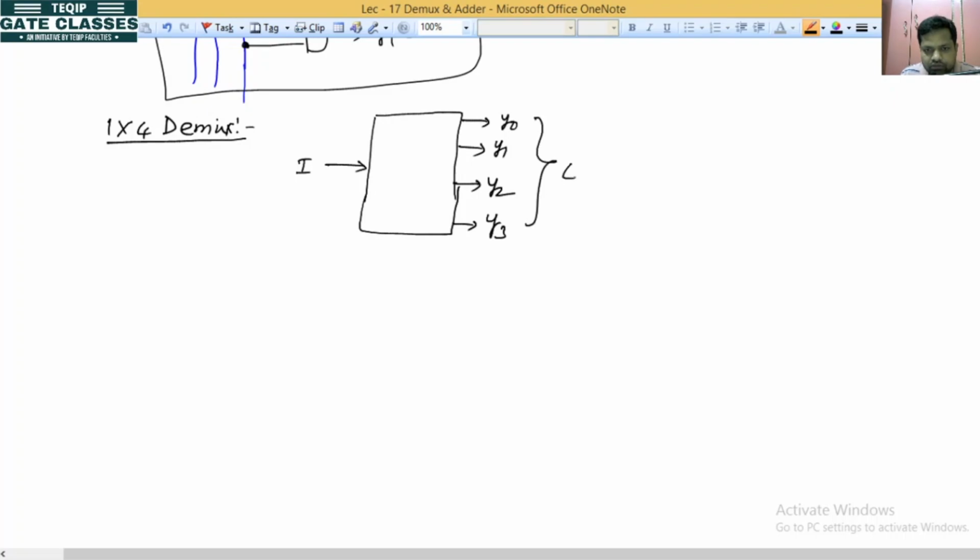These are the 4 outputs. So 4 can be written as 2 to power 2 outputs. This tells you how many selection lines there are. So 2 selection lines are there, suppose S1, S0. These are the 2 selection lines. This is one input.